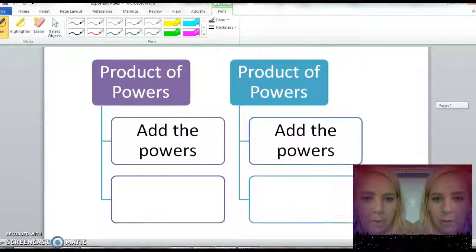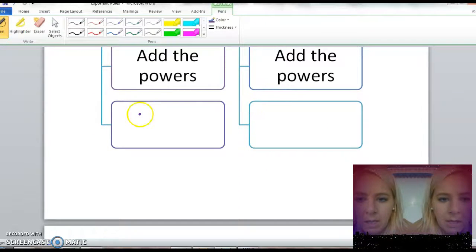In another example, let's say we had 3a to the 4th power times 7a to the 3rd power. Now in this case, our base is a.